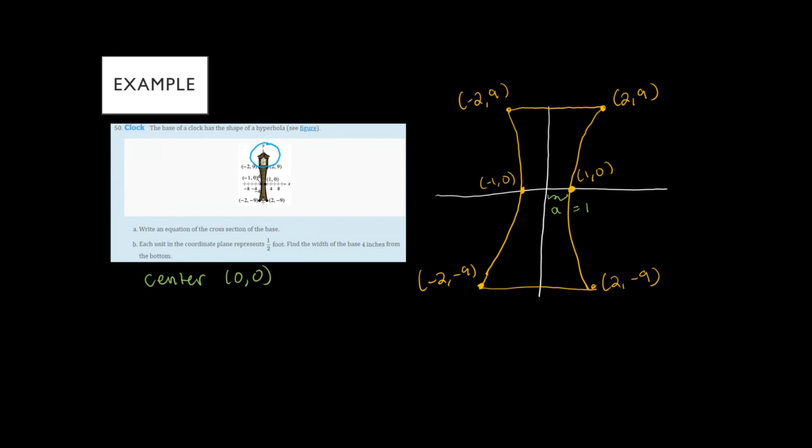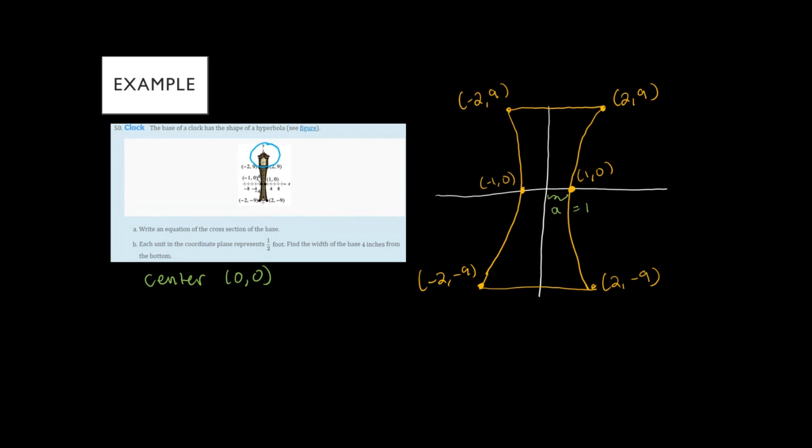The book deliberately put the center at the origin just because it does make it easier for us. If we wanted to, we could change the scale, and you could say, okay, maybe this is where the origin is going to be, and then you have to change all of your measurements to match up.